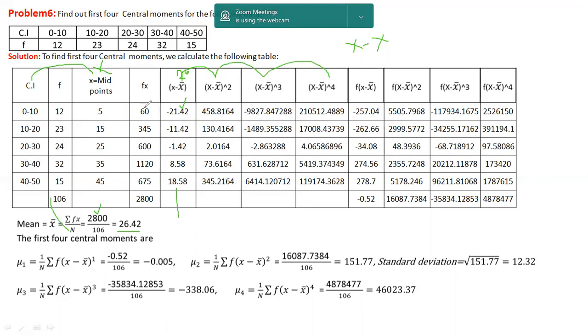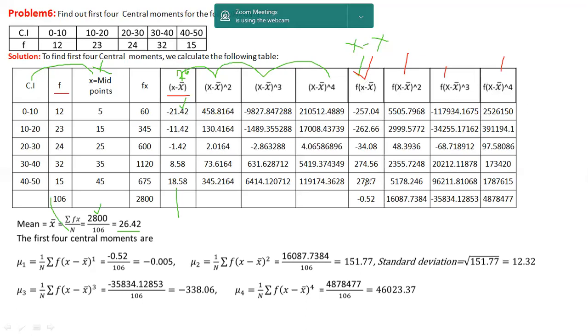Again each column we multiply with its frequency. So f into x minus x bar gives this column, which I am representing in red color. Similarly f into (x minus x bar) whole square column, and we calculate another 2 columns also, that is f into (x minus x bar) whole cube, and f into (x minus x bar) whole power of 4.